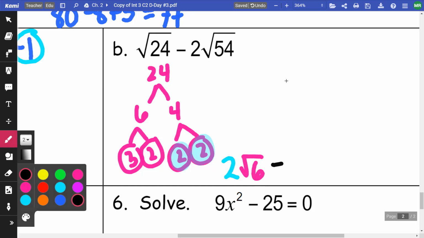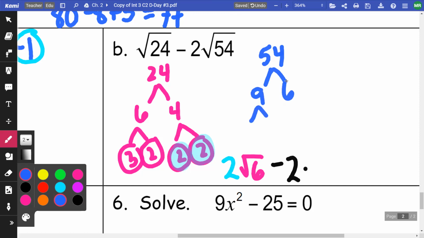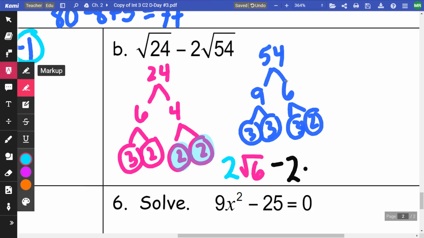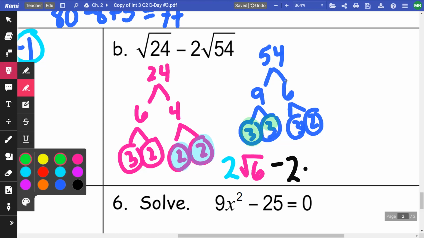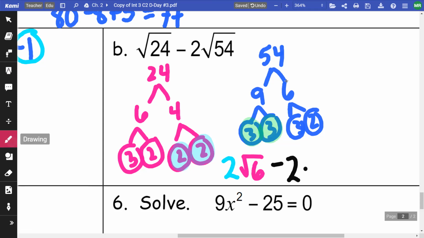Minus, and I have a 2 in front of my other one. Let's see what I get when I do my 54. This is a 9 and a 6, which is a 3 and a 3, and a 3 and a 2. So I have 3, 3, 3, 2. Again, we're looking for pairs, so let me do it in a different color. I have a pair of 3s, so that means a 3 is coming out.